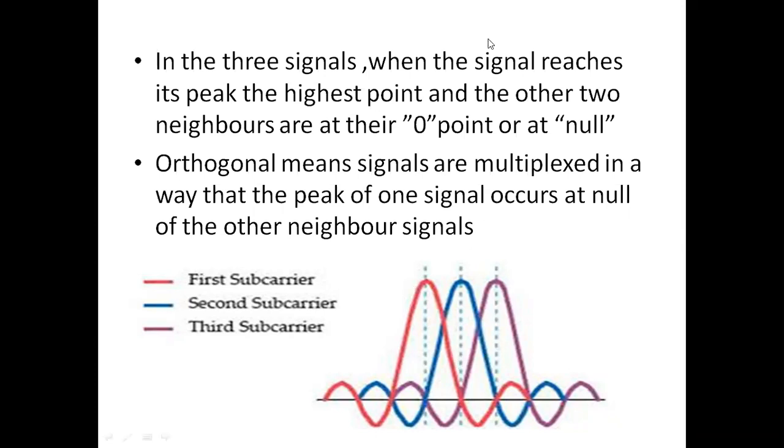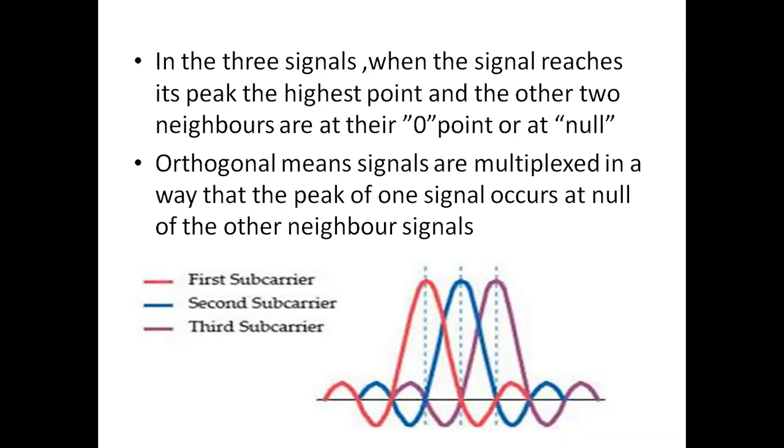That is about OFDM. The difference between FDM and OFDM is that in FDM we are using a higher band, whereas in OFDM we are using less band. We are combining all the signals, and those signals are closely spaced to each other.